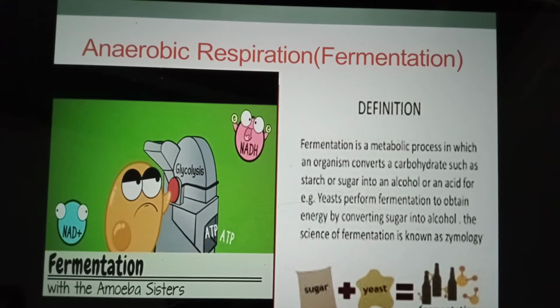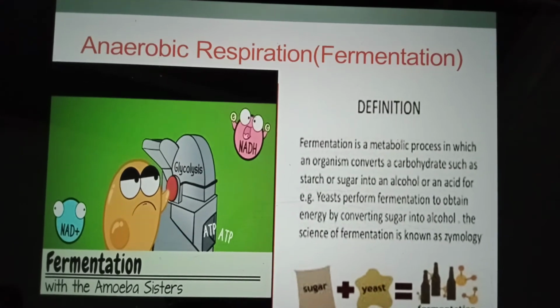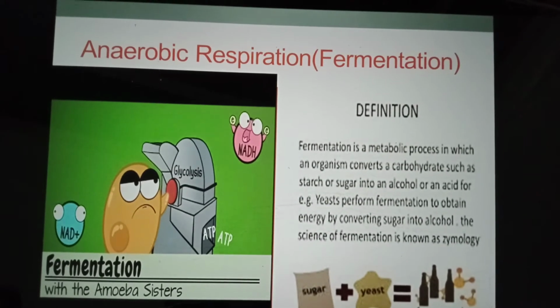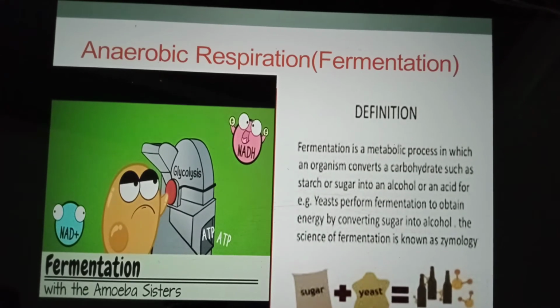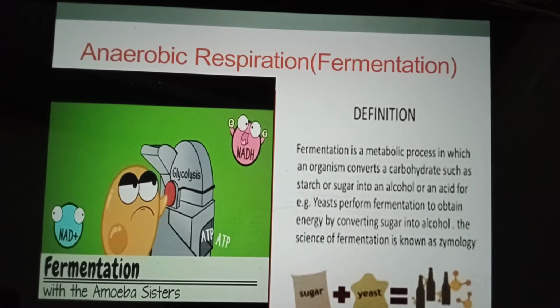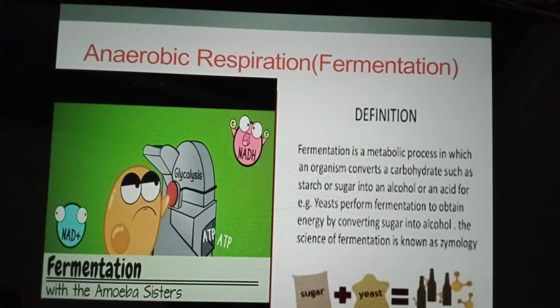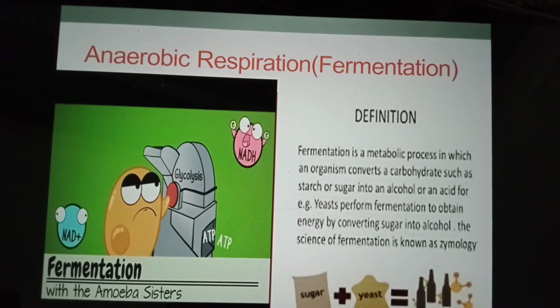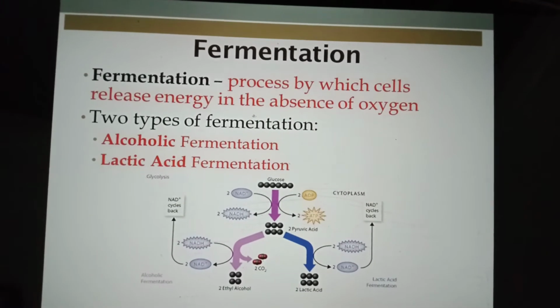But in the second phase, pyruvic acid is not completely oxidized due to the absence of oxygen. It is transformed into ethyl alcohol or lactic acid. In this way, many CH bonds are left unbroken in the products. Anaerobic respiration is further classified as alcoholic fermentation and lactic acid fermentation.